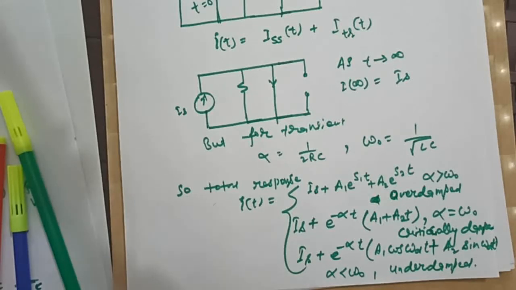In the GATE exam, most of the questions related to this topic will be asked in this format: they will give the response and ask which circuit suits it best, or they will give the circuit and ask what type of response it will have, etc.